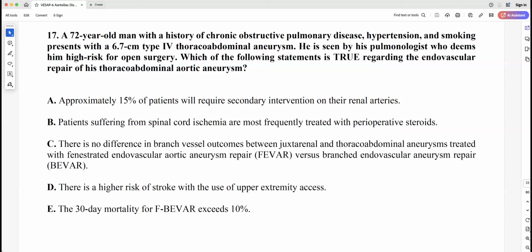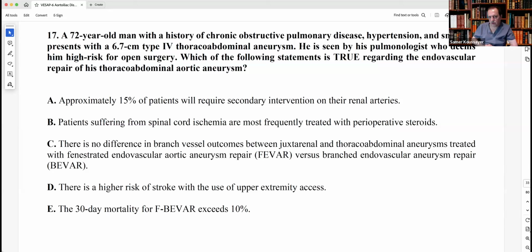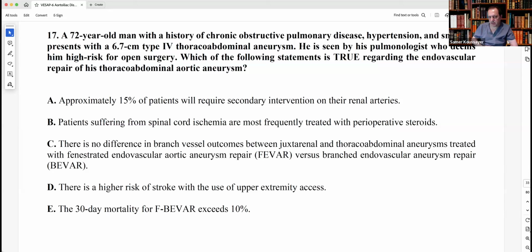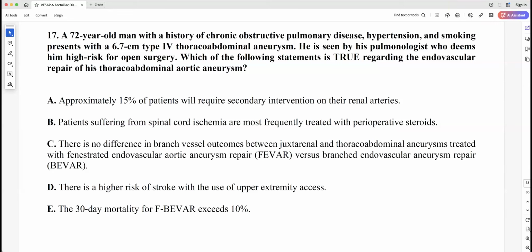For intervention, it's about 5 to 6% usually for renal artery. Whether FEVAR or BEVAR, it doesn't make a major difference. We get into that later on, but yes, no big difference between them, maybe a little bit less.